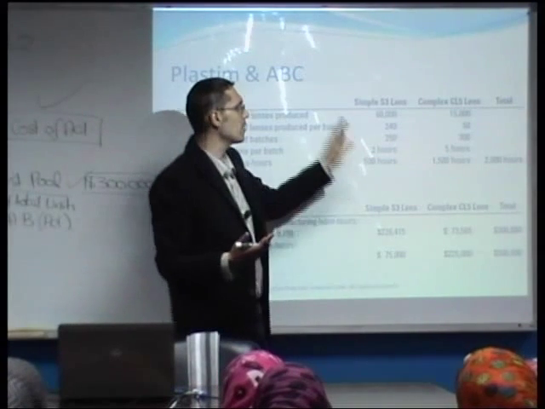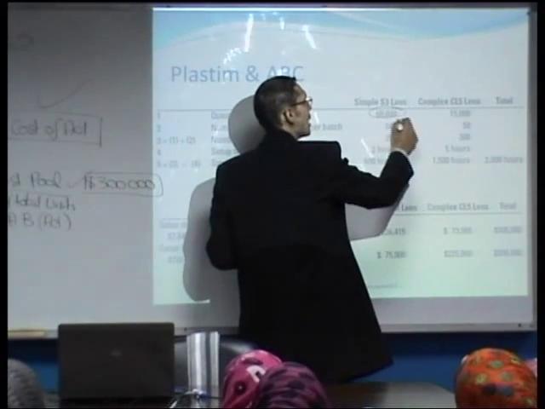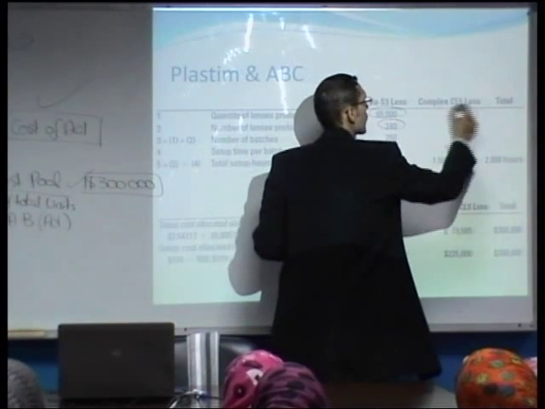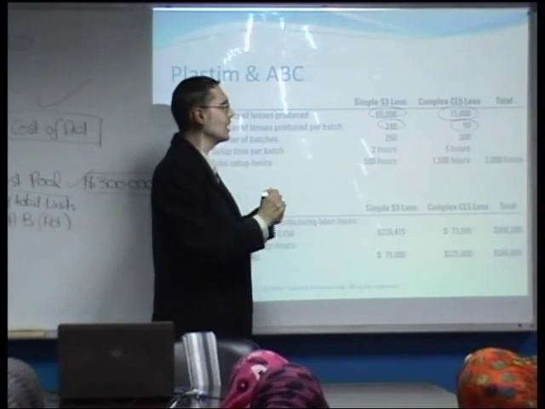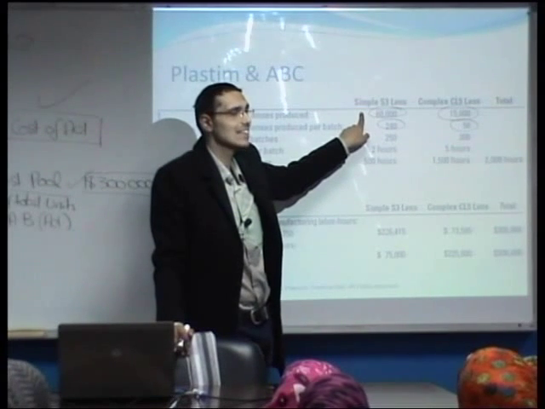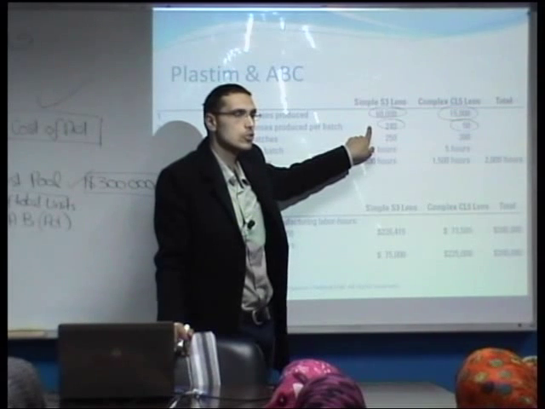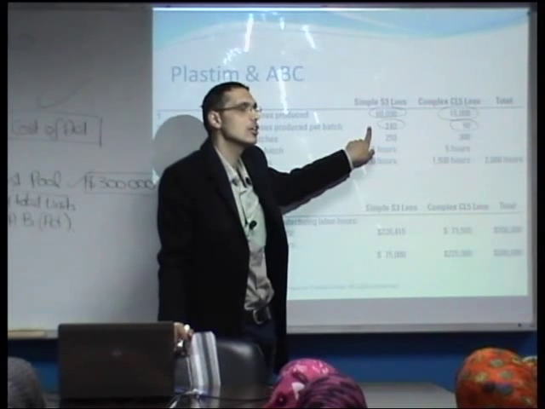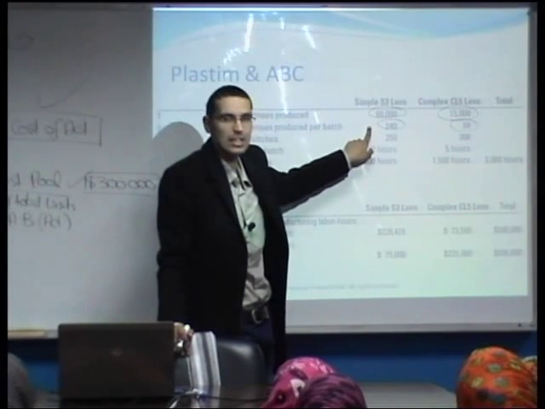Therefore, if we knew that we need to produce 60,000 units and each batch would produce 240 units, can we now calculate the number of batches that we need?